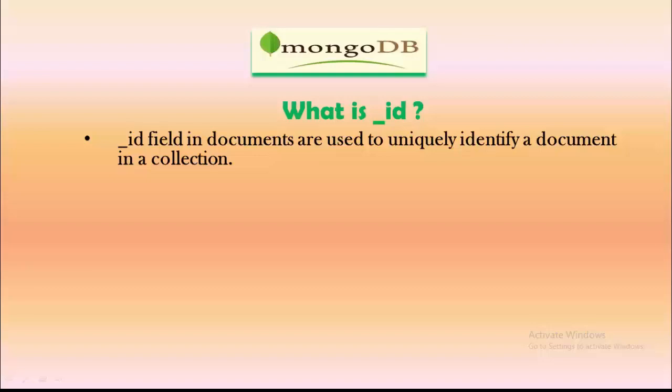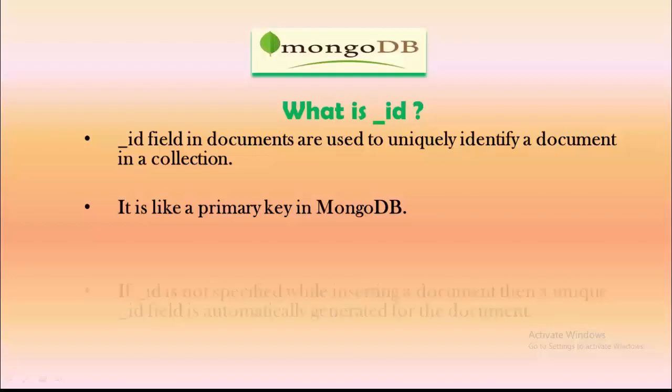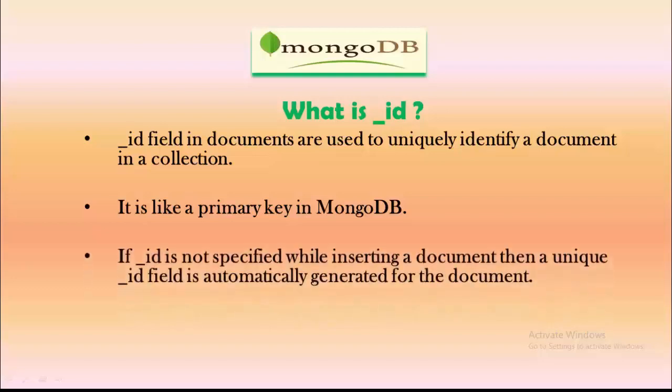Each row has a primary key, and with the help of that primary key, we can uniquely identify a row. Similarly, in MongoDB, we can uniquely identify a document in a collection by using the underscore ID field. This underscore ID is unique for each document within a collection. So it is like a primary key in MongoDB.